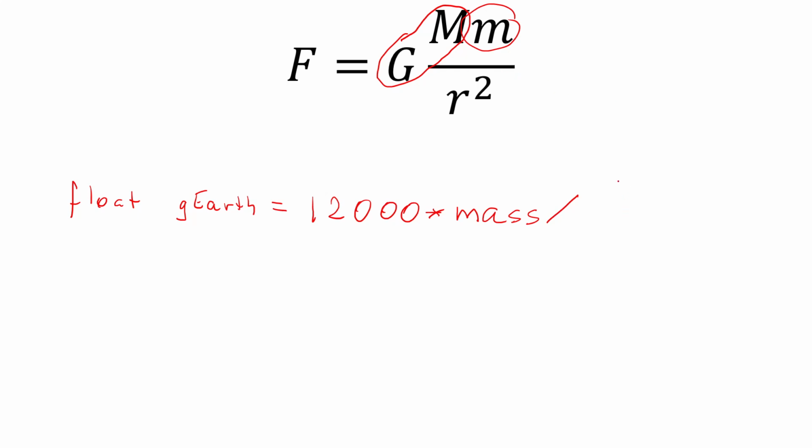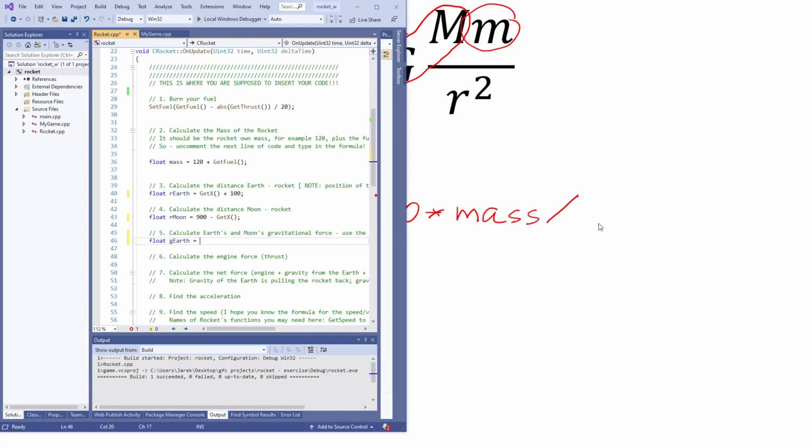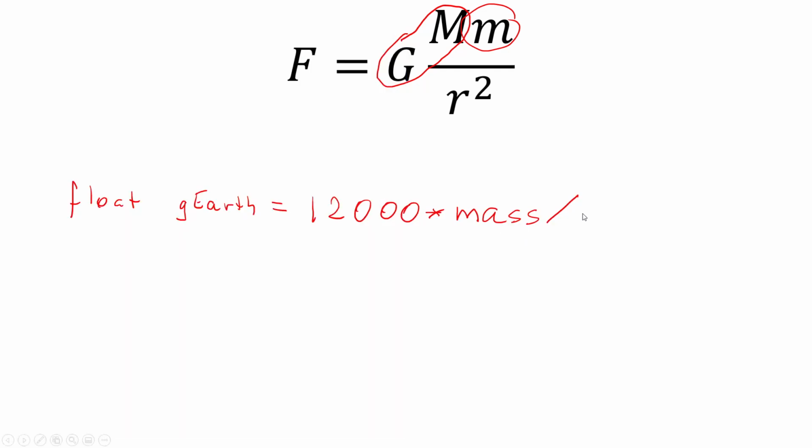R squared in case of the gravity of Earth is the variable which we have just calculated. Okay, that's this one, R Earth. So I will divide it by R Earth. And now I have to square it because we are representing this part of the formula.